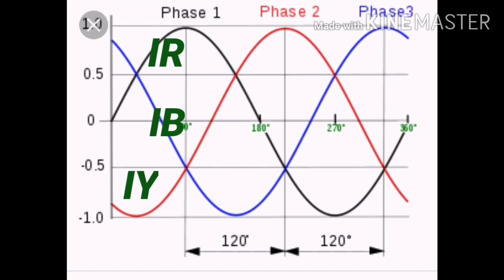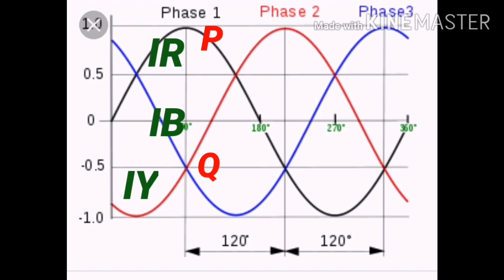Now you observe the diagram very carefully. You will find that the sum of the returned current is 0 at any instant. Let's say this one is the point P. Here IR is maximum, and at point Q, IB and IY are 0.5 times the maximum current, but in negative direction.